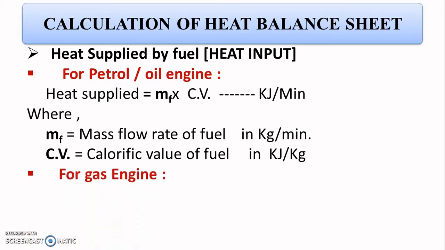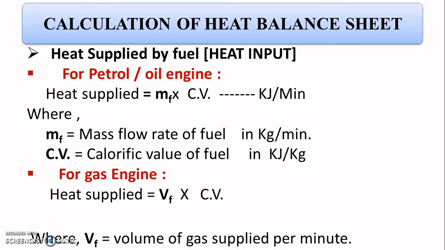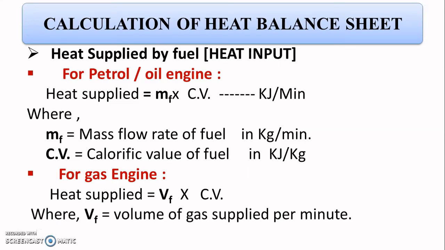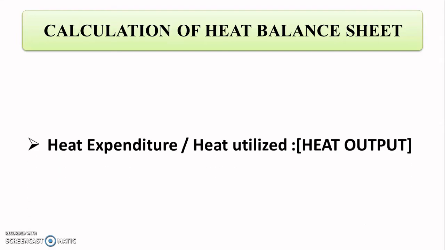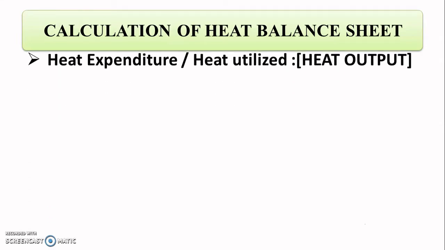For gas engine, this formula will be expressed as heat supplied is equal to Vf into Cv. Here Vf is volume of gas supplied per minute. Heat expenditure or heat utilized: whatever the heat supplied, how that heat can be utilized in the various ways, that is the heat output.